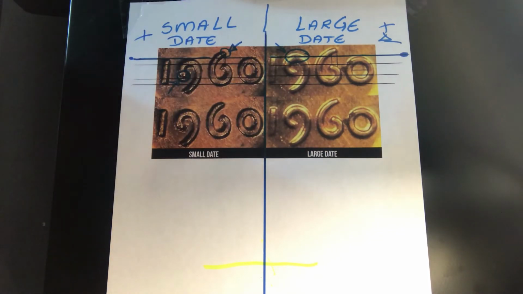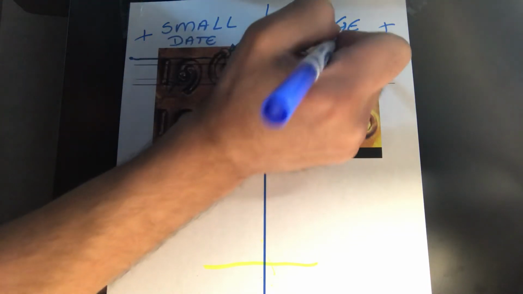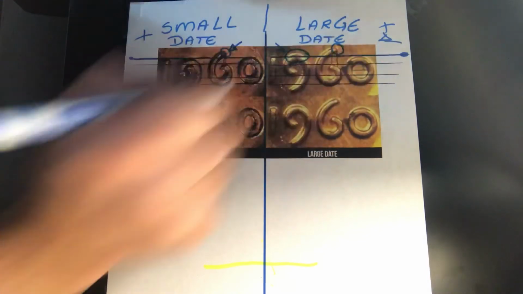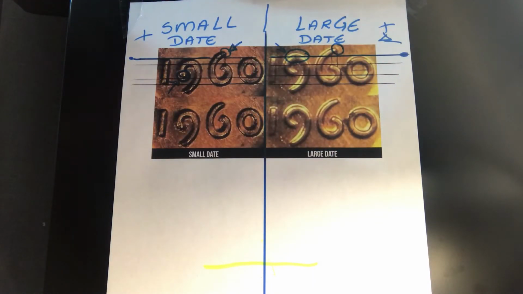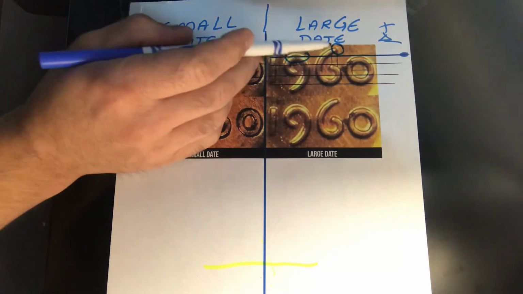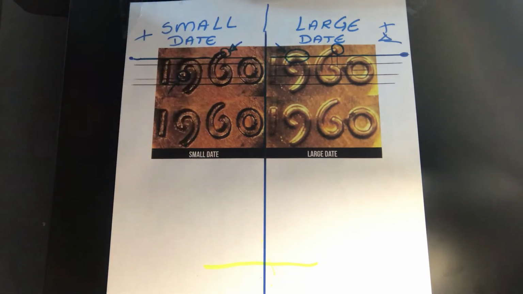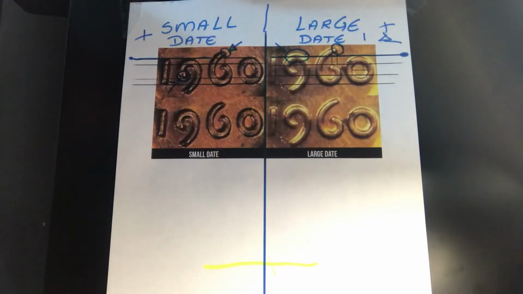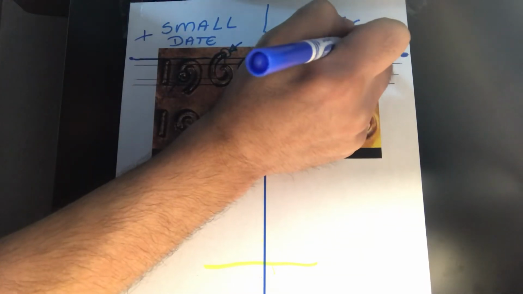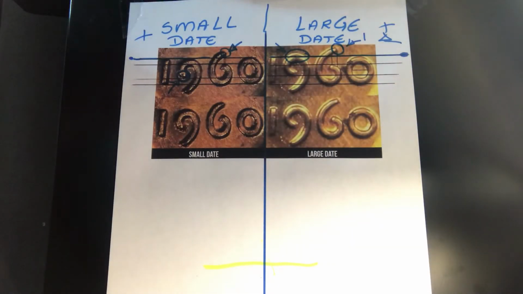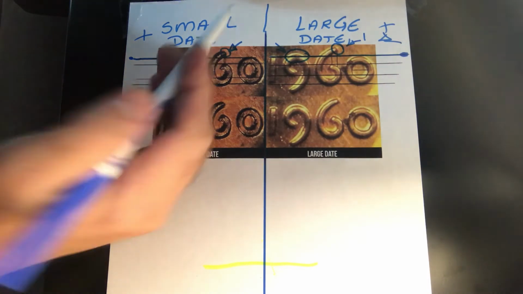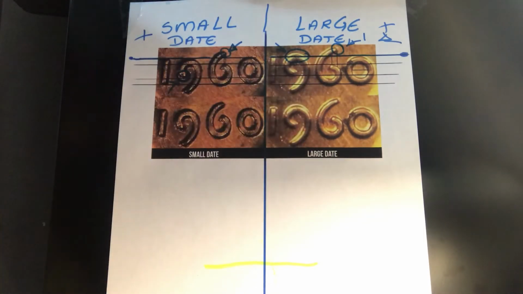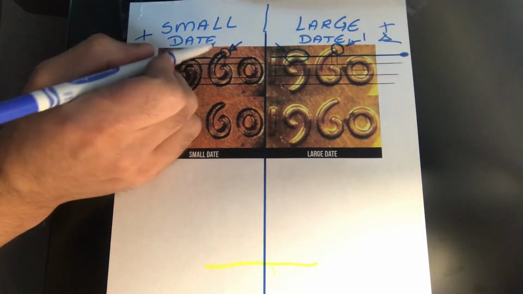The second number we're going to focus on is the same, the number 6. The top of the number 6 looks straight cut. So basically the number 6 right there is a straight cut. Large date is a straight cut. Small date looks pointed.